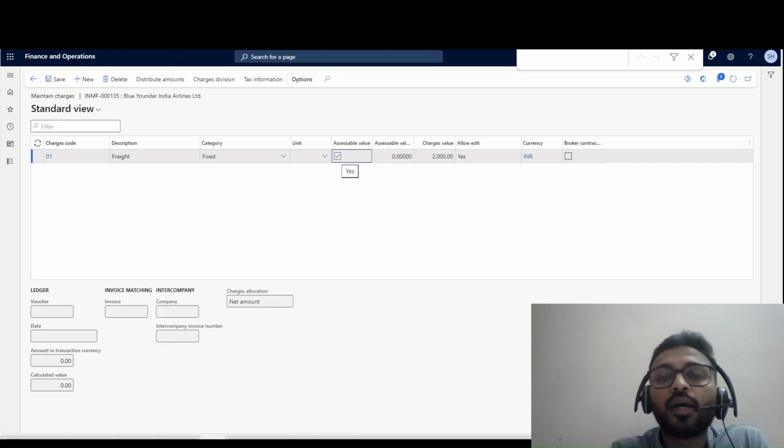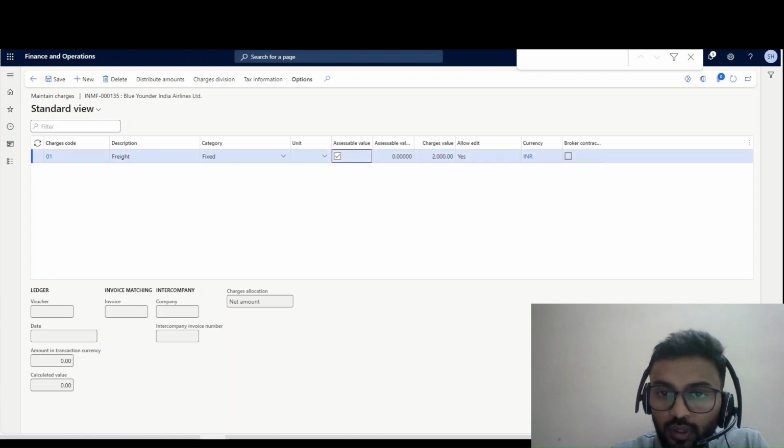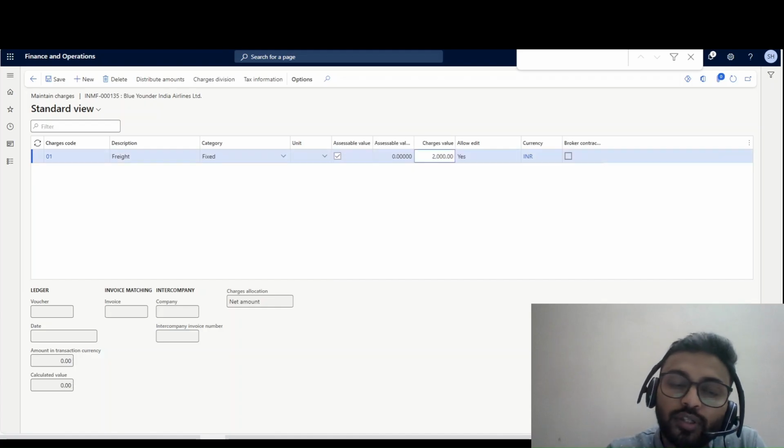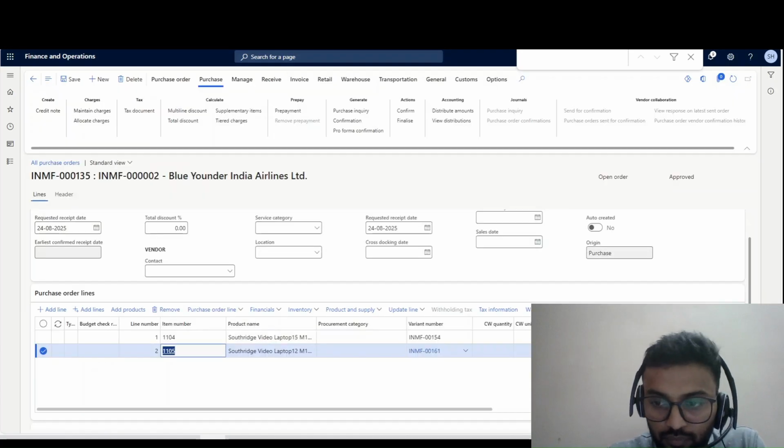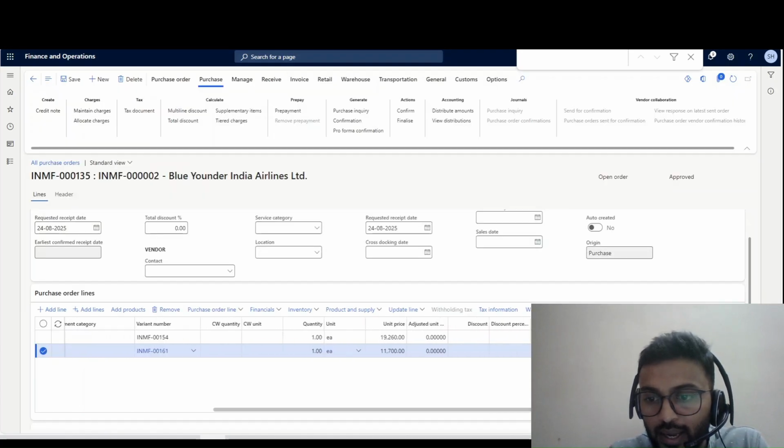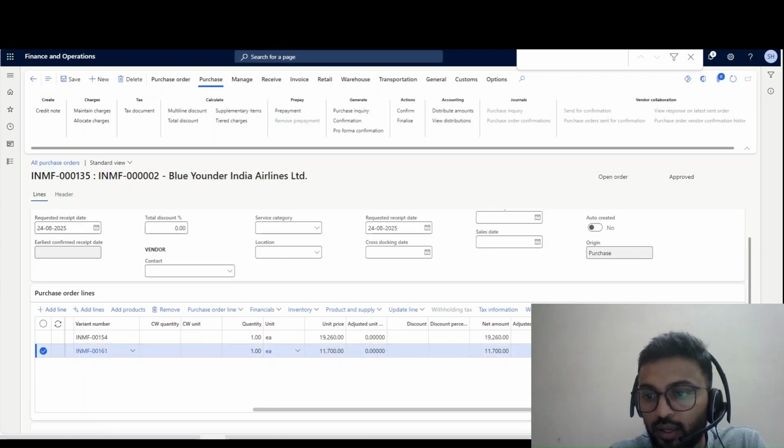So if I click on yes on this bookmark, then charges will be added and deducted as per the nature of the charge code and the value we have added into the charge code. This has an impact on my accessible value, which is written here.